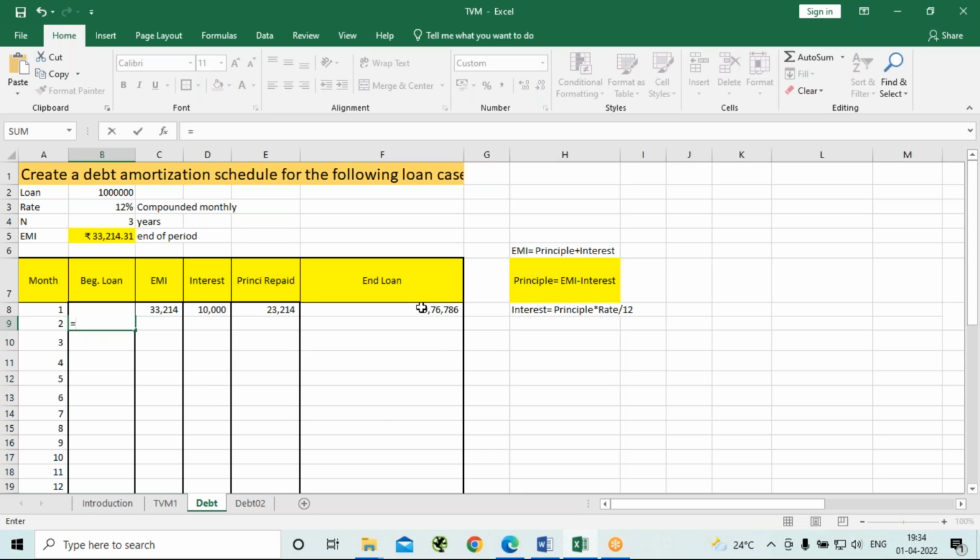Equals to the same value, equals to the beginning into 12% divided by 12.